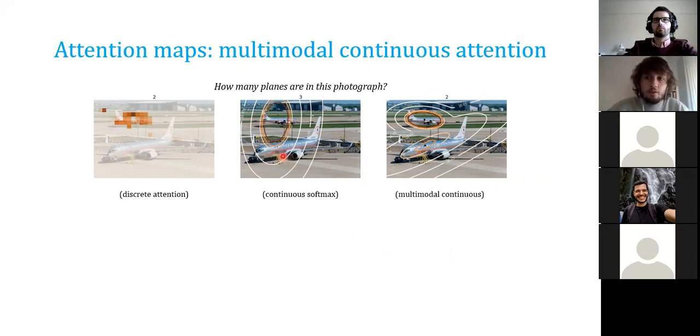And in those cases, the continuous attention ellipses become very wide and less interpretable, or they focus on a single region and completely disregard the others. On the contrary, this attention map here suggests that multimodal attention densities tend to perform considerably better in such situations. So by increasing the number of components and setting the mean and the covariance of each Gaussian in a good way, the distribution becomes more flexible and capable of modeling more complex situations.